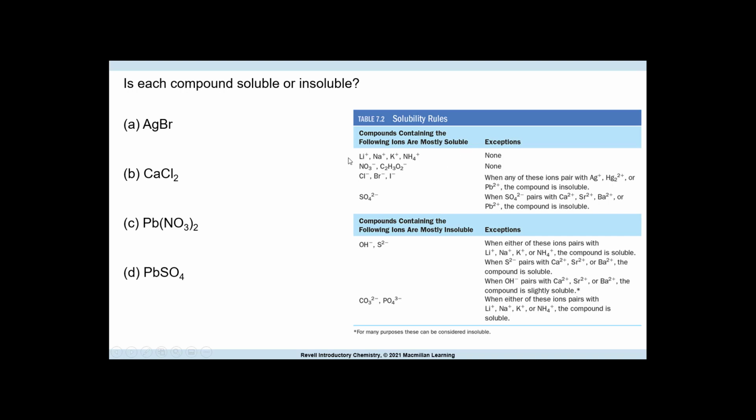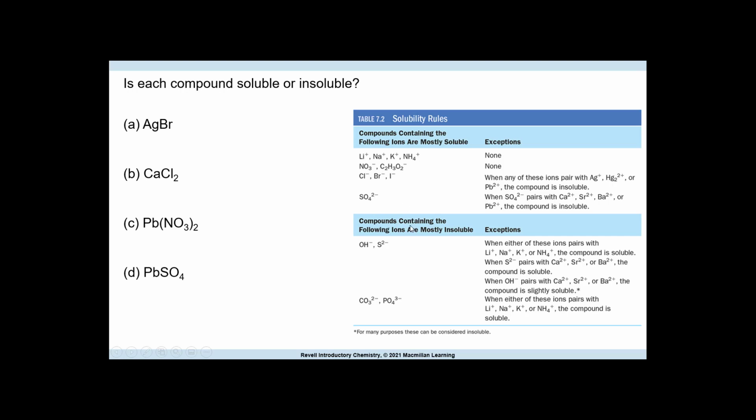If there are no exceptions, that means anything attached to these dissolves. Anything attached to these, it dissolves. Anything attached to these, there are exceptions: when these are paired with silver, mercury, or lead, the compound is insoluble. But if it's not, then it's fine. Sulfate: if it's attached to calcium, strontium, barium, or lead, it's insoluble, but anything that's not is soluble.